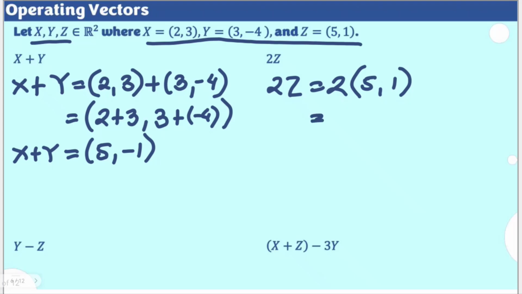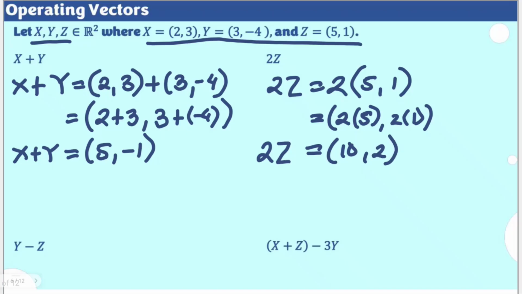Again, I'm doing this step by step: 2 times 5, 2 times 1, which gives us 10 and 2. This is the result for twice z. By the way, twice z means we are extending z. We'll have more illustrations for that later on.